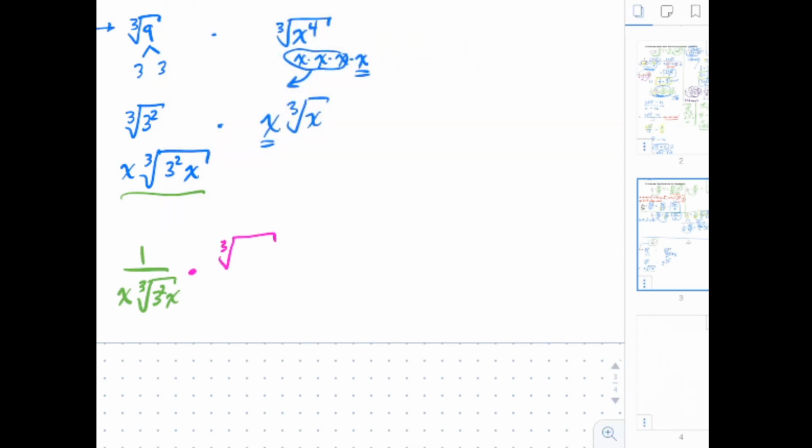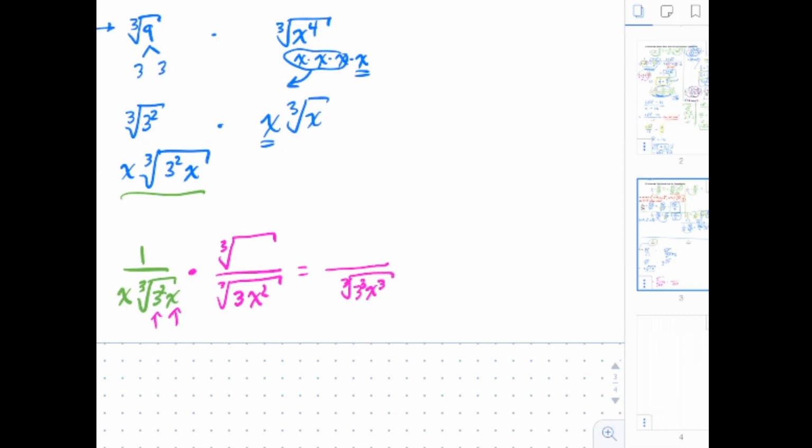Cube root of something over cube root of something. I need to turn 3 squared into a 3 cubed, so multiply it by 3. I need to turn x into an x cubed, so I have to multiply it by x squared. Your whole goal is to get to a 3 cubed x cubed inside.